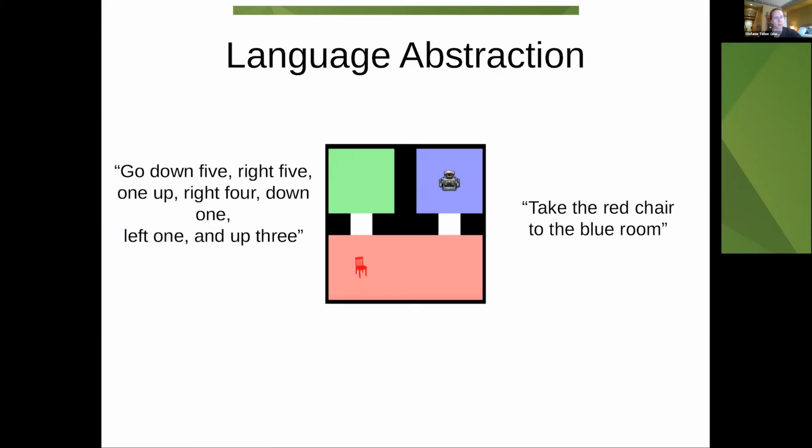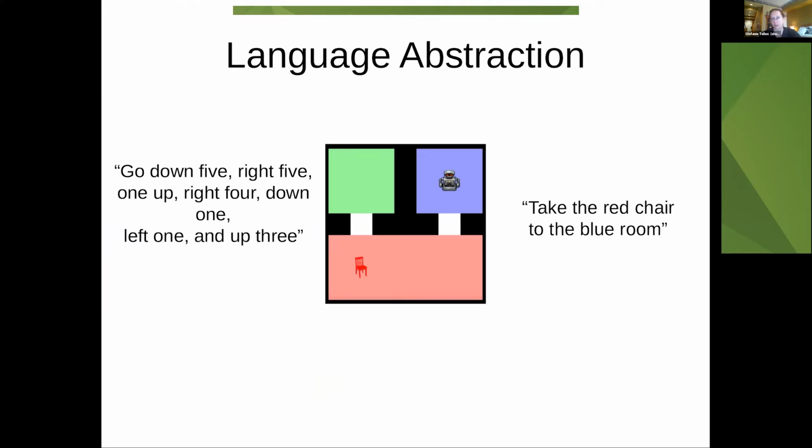To study this problem, we're going to look at a simpler simulated environment where the robot is in a kind of grid world where there are objects in the world and the robot can push around different objects. And there are rooms, and the rooms have different colors.